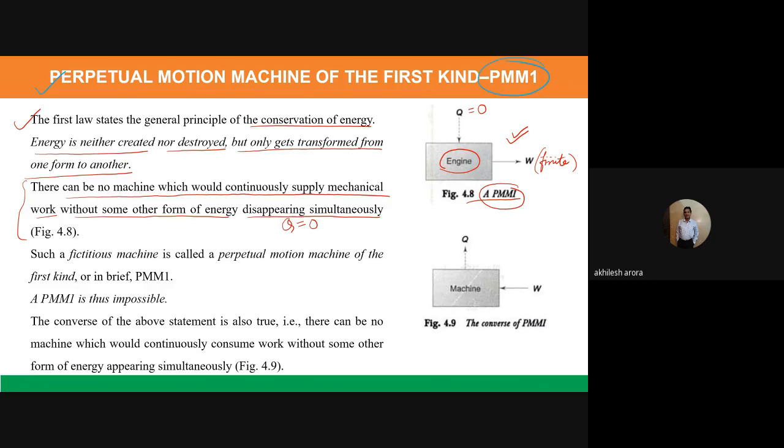Rather, we are supplying zero heat input into this engine, but we are getting some finite amount of work. So that means such a machine cannot exist. And if you know the concept of the efficiency of a heat engine, I don't know whether you know efficiency or not, but efficiency is always given by output divided by input.